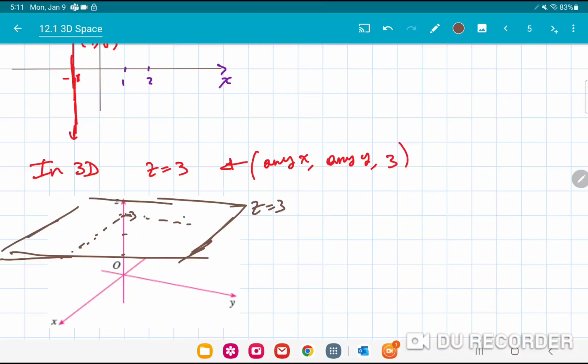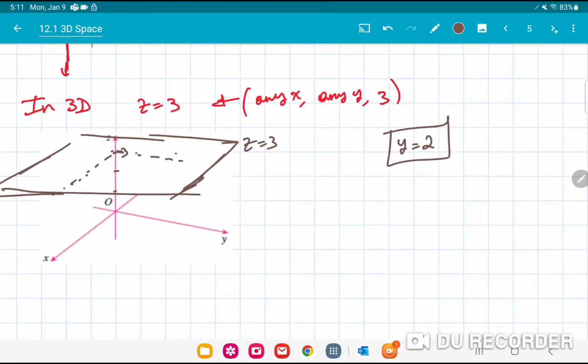Okay, we can do the same with, I don't know, y equals 2. Let's see if I can draw the graph of y equals 2 in xyz space. This is the x, that's the y, and that's the z. Okay, let's do 1, 2.